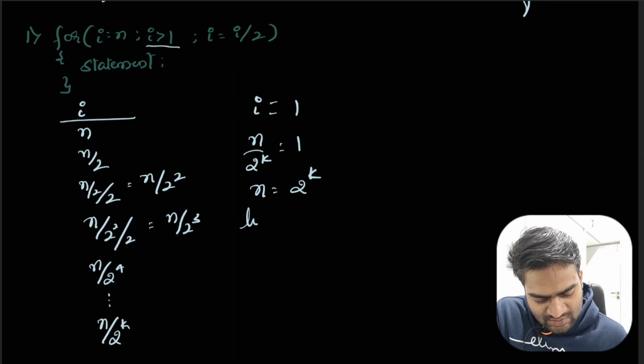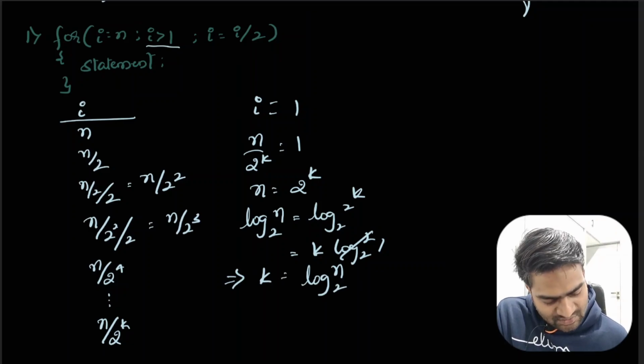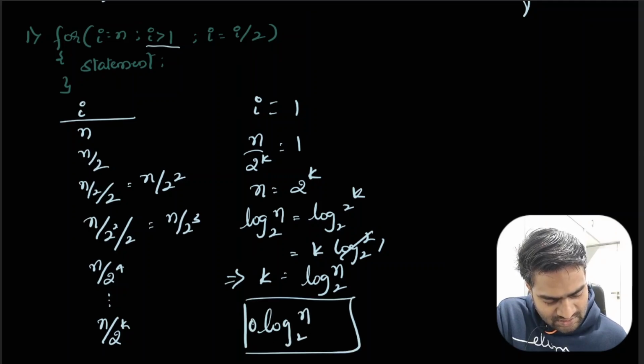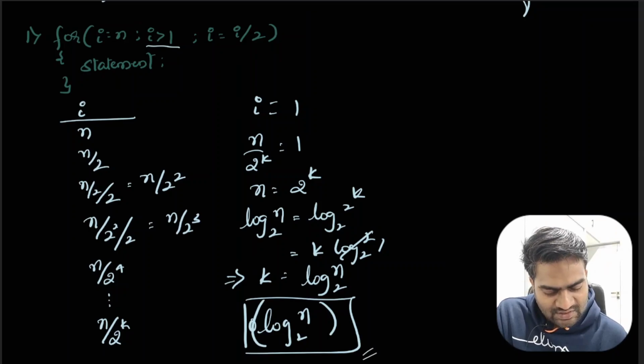Now if I apply log on both sides, log to the base 2, then k becomes k log 2 base 2, and this is 1. So that implies k equals log n to the base 2. So we got the order of this particular loop, which is of order log n to the base 2. This is how we compute the time complexity for such loops.